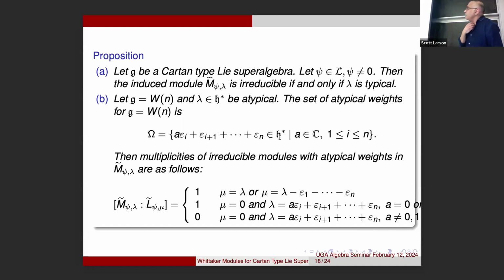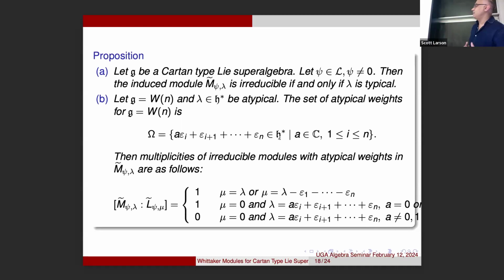If it's atypical, again she has some results. I will just look at Wn. If lambda is atypical, the set of atypical weights is determined in her paper. She determines this, and the multiplicity of irreducible Whittaker modules in these induced Whittaker modules is given by these numbers.